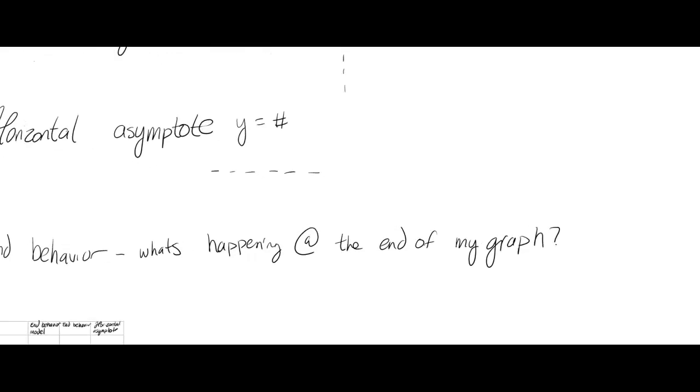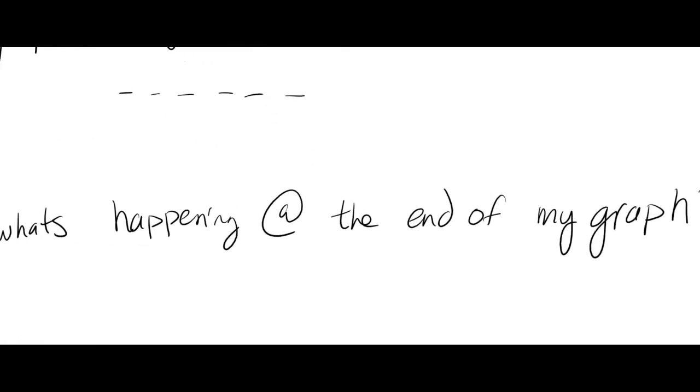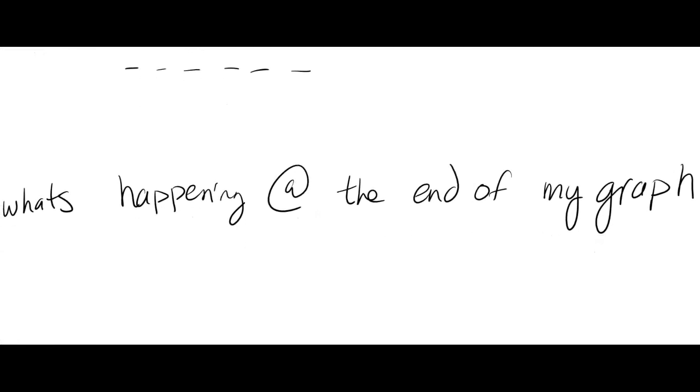Alright. End behavior is just literally what's happening at the end of my graph. And this is broken into 4 different bits. What is happening at the end of my graph?